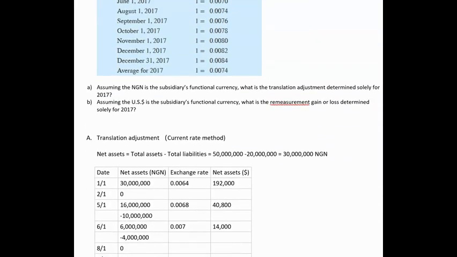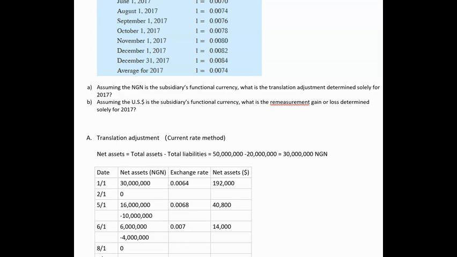The first question is to assume that the foreign currency, the NGN, is the subsidiary's functional currency, which means that we are going to use the current rate method. And within this method, we assume this company's net assets are exposed to the exchange rate risk.